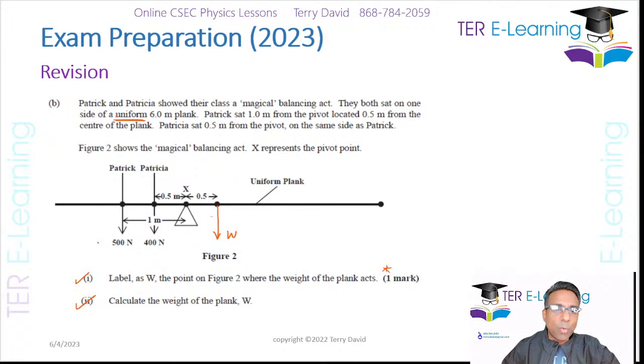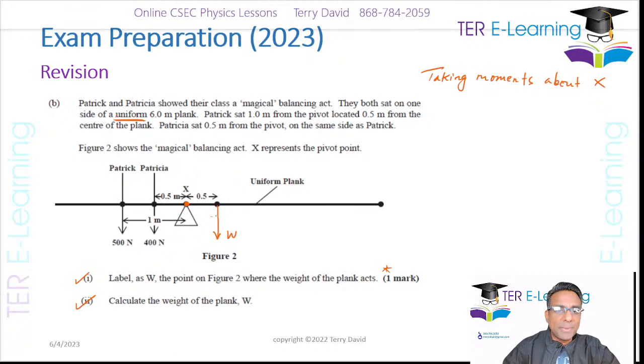Now, whenever you have a moments question, you have to decide at which point you are taking moments about, and you have to identify all your clockwise and anti-clockwise moments. So here's what's happening. This is my pivot here, so I'm going to take moments about my pivot, about X. Once you identify where you're taking the moments from, you need to identify what is clockwise and what is anti-clockwise.